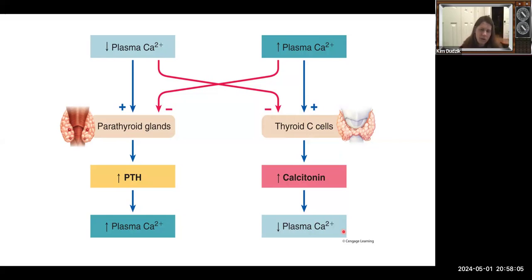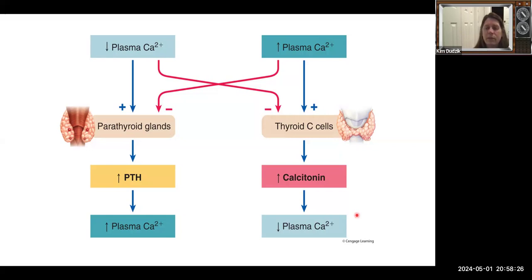So again, hypercalcemia is actually rare under normal circumstances. Calcitonin doesn't have a large effect under normal circumstances. It really just comes into play when we have extreme circumstances of high calcium levels. And that can be due to cancers and things like that that stimulate bone loss.